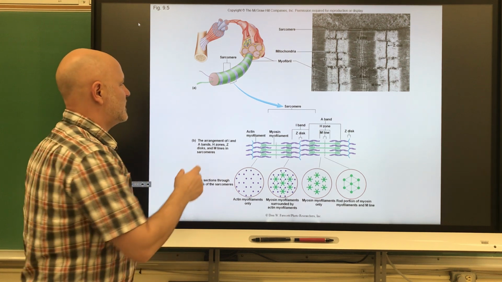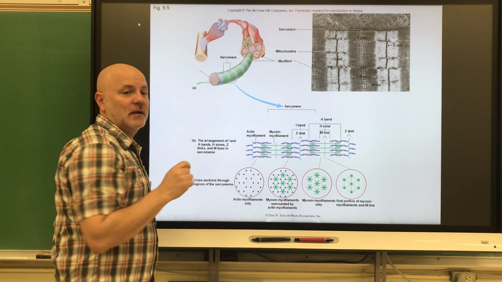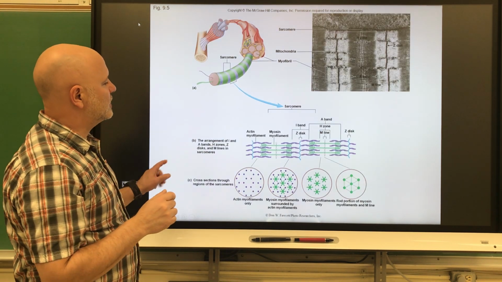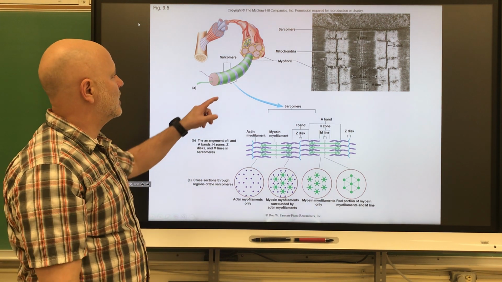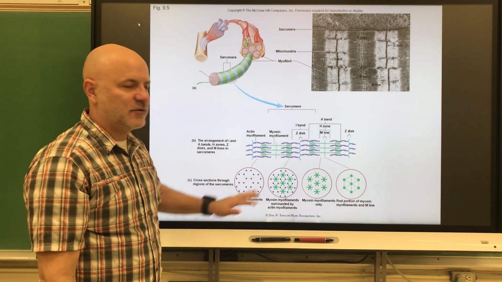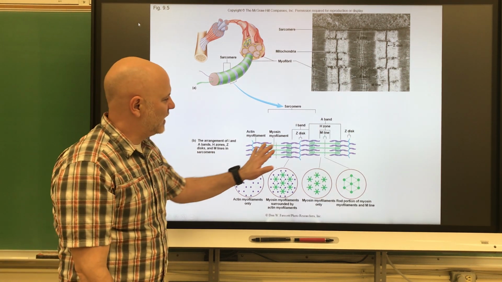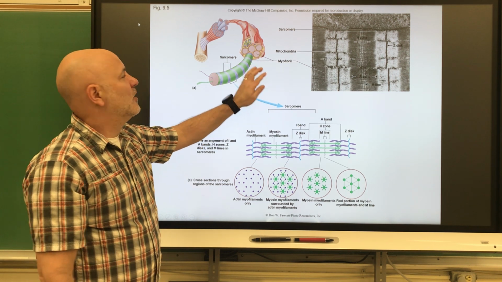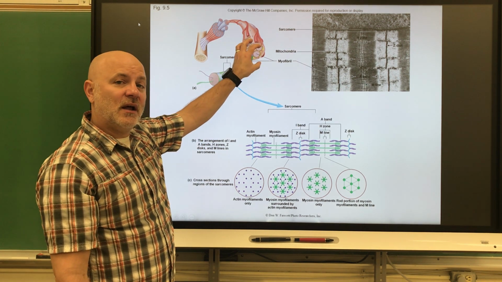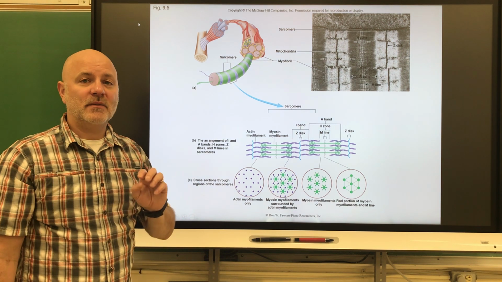Structural, I already said, it's one sarcomere after the next. Functional, when we look at muscle contraction, all we have to do is look at what's taking place within one sarcomere. If it's taking place within that one sarcomere, it's taking place throughout that whole myofibril, which is taking place throughout that whole muscle cell, which is taking place throughout that muscle.